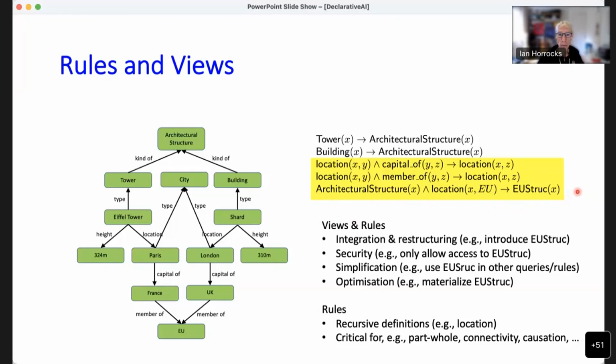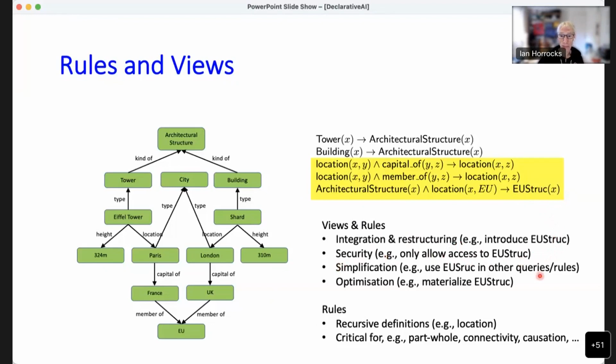So by adding rules into the mix, I've actually brought back views, and I can use these kinds of rules for all the same sorts of purpose that views are used for in relational databases. I can use it for integrating and restructuring knowledge, as in this case, where I introduce this new predicate EU structure. I can use it for security, so maybe I only allow some users access to EU structure, but not to the rest of the graph.